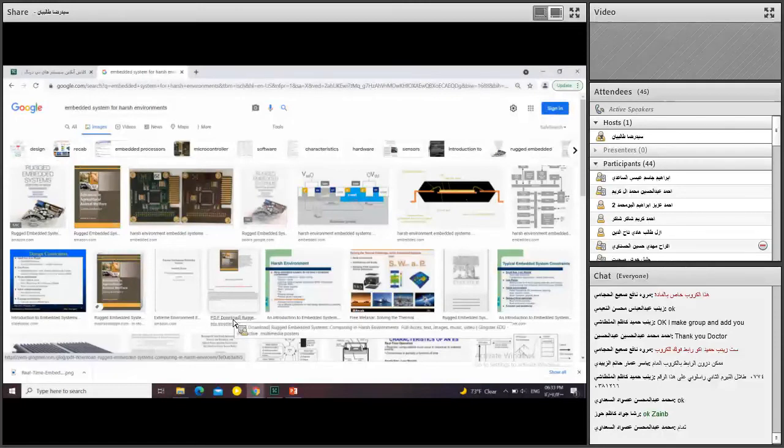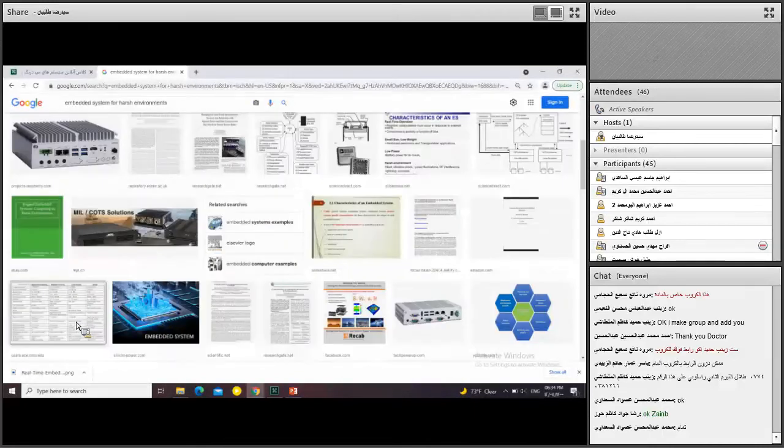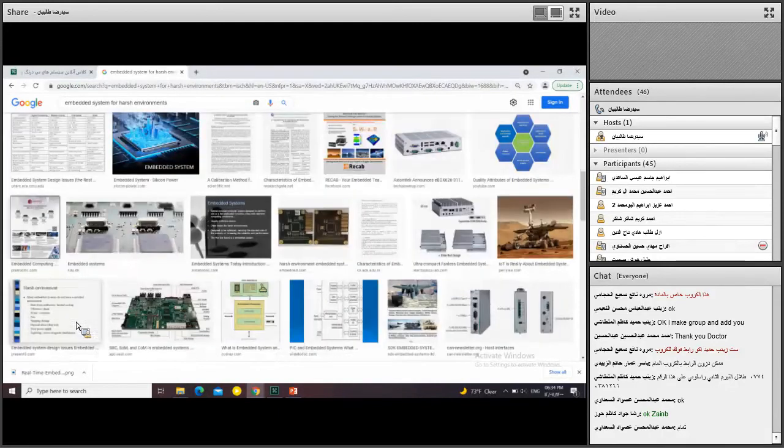I want to see some examples about them. Okay, very good, we can find. For example, you can see this. This is a finder in, I think, Mars. We know that Mars has a very harsh environment.